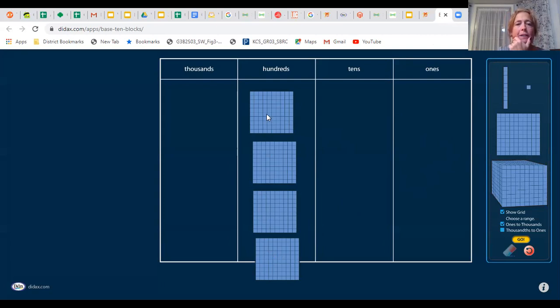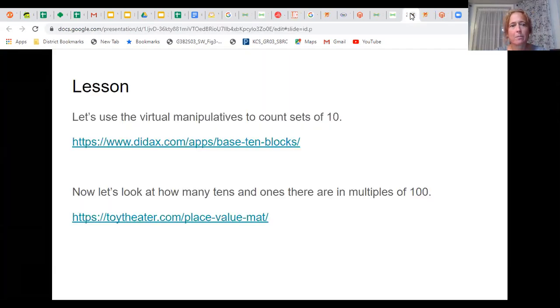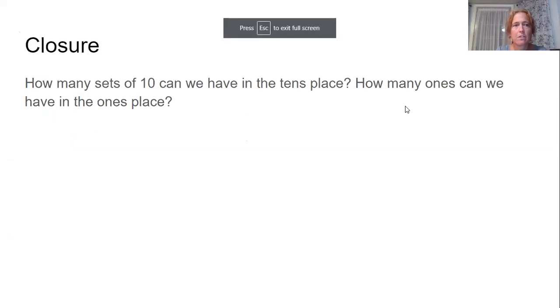So we actually have 10, 20, 30, 40 sets of 10. But they're not in the tens place. They are in the hundreds place because we have now grouped them together to make 100. All right, go back to our slideshow.